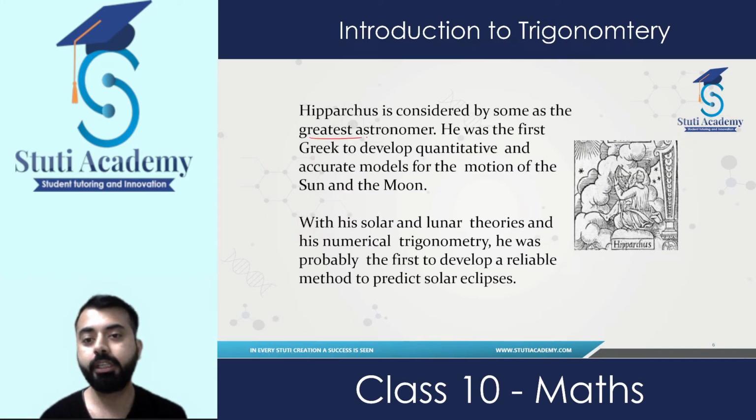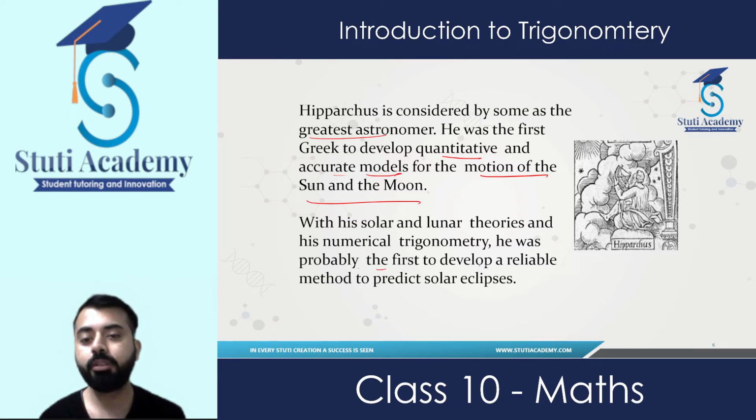He's a great astronomer. He was the first Greek to develop quantitative and accurate models for the motions of the sun and moon. See, he already found out the exact models for the motion of the sun and moon. He pinpointed everything happening in the solar system, through his solar and lunar theories and his numerical trigonometry.